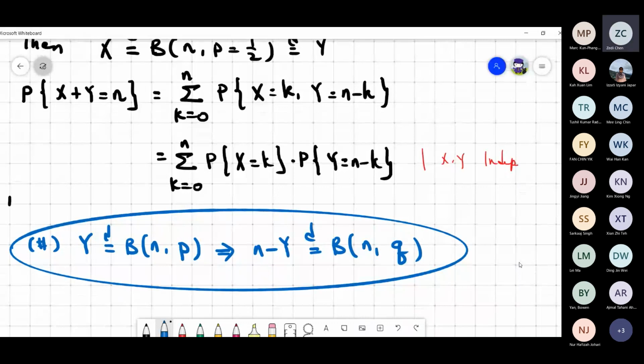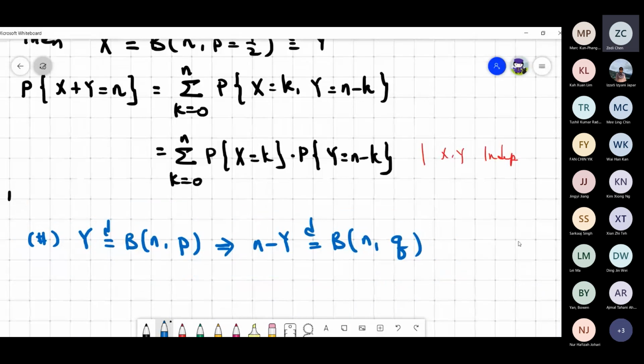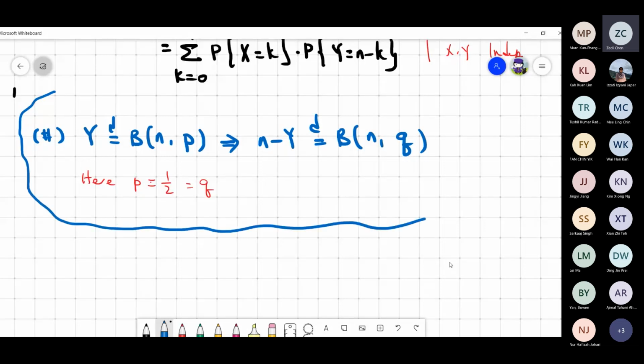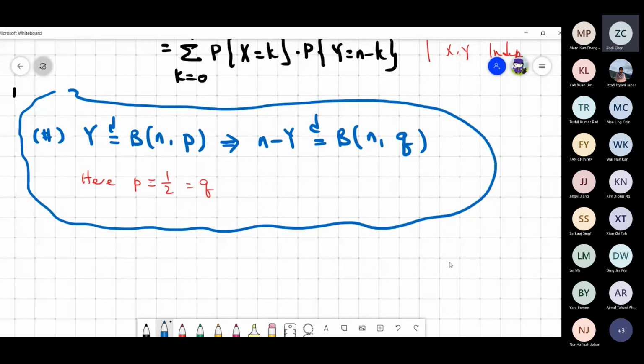Okay, but in this case, P is half. So P and Q are both equal to half. That means Y and N minus Y are having the same distribution.